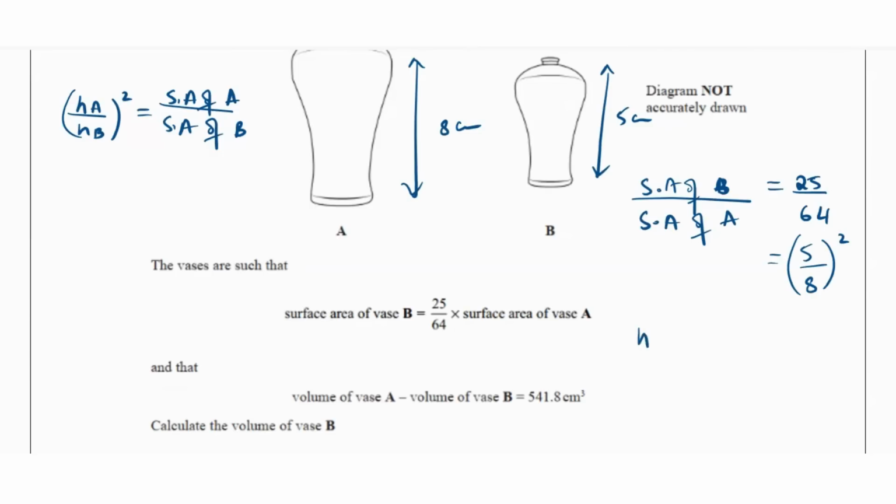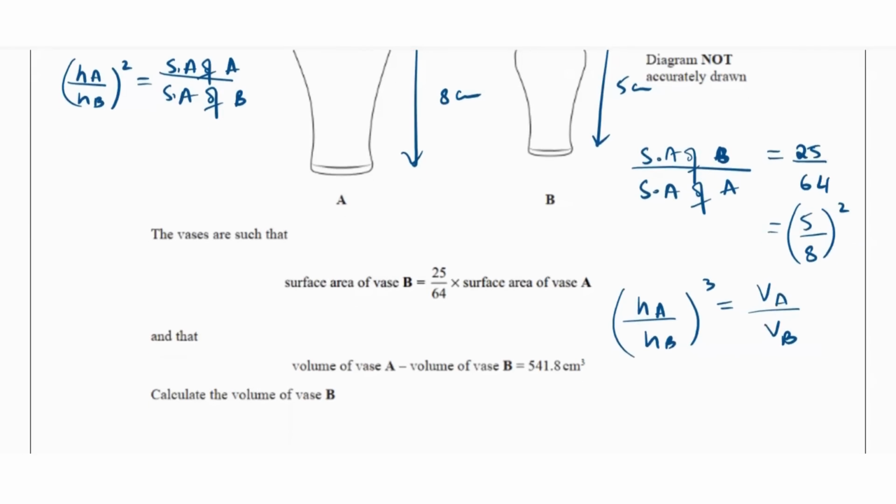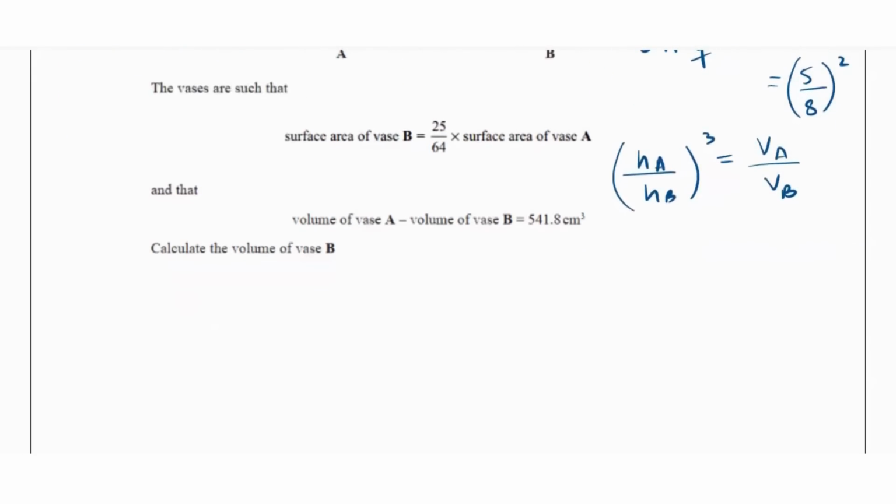As we know that height of A over height of B being cubed equals volume of A divided by volume of B. Based on our equation over here, volume of A is basically 541.8 plus volume of B, if we make volume of vase A the subject.